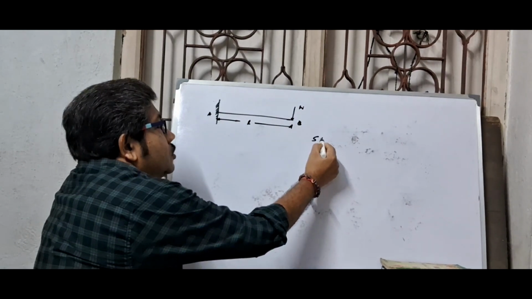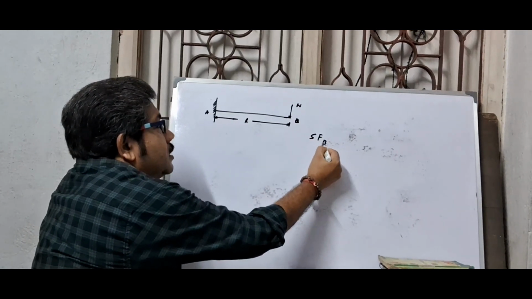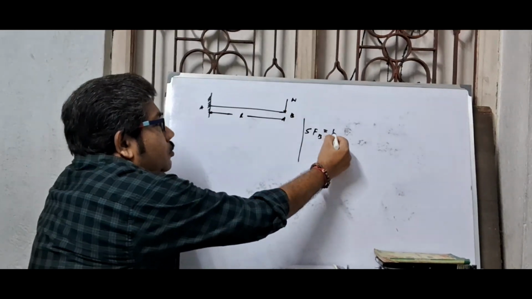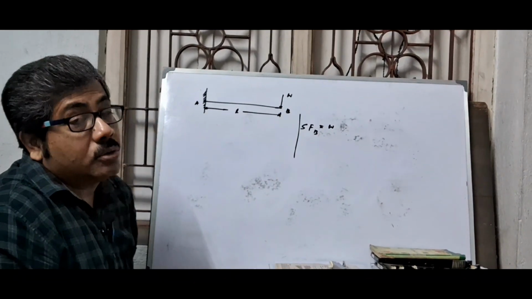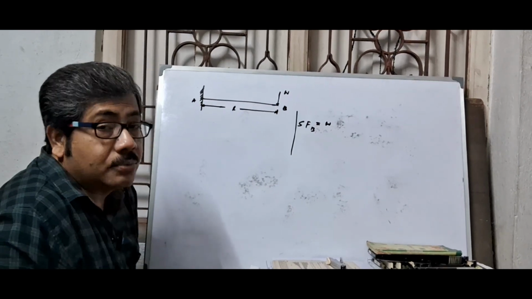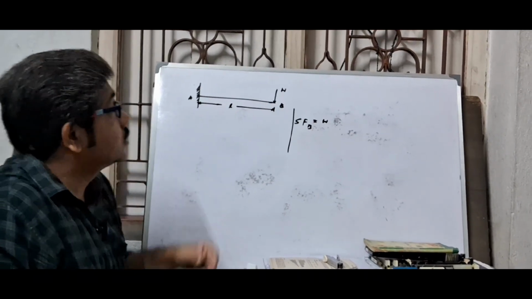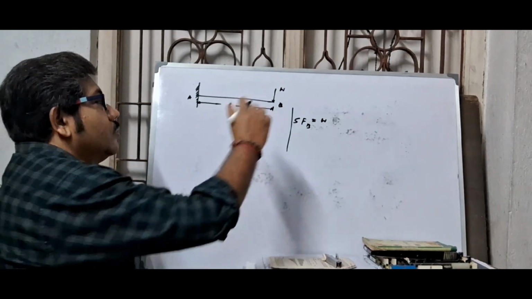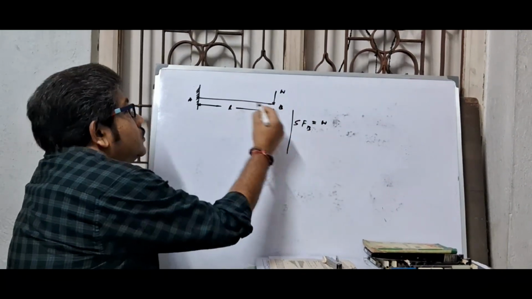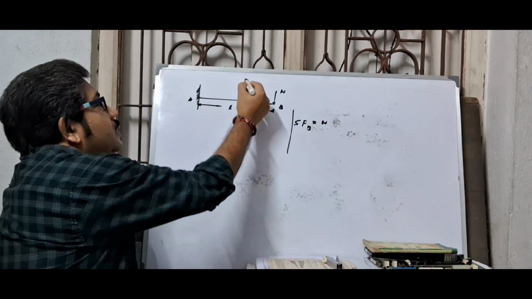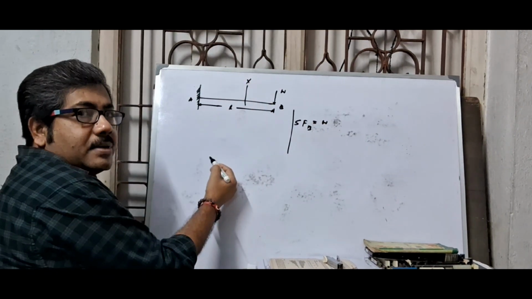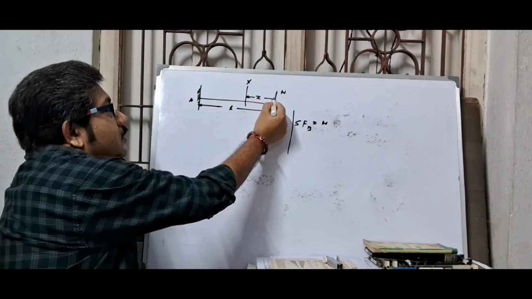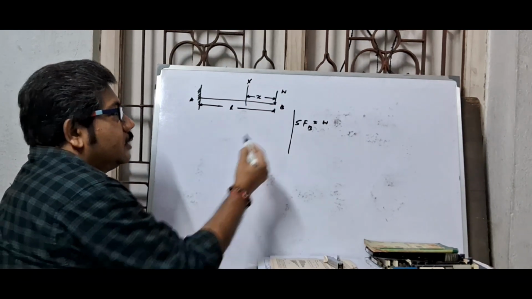So shear force at point B is equal to W. As we know, the sign convention for shear force for a cantilever beam is plus. So W. Now consider a section X at a distance small x from the free end.